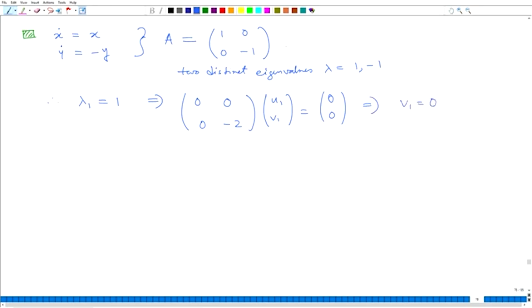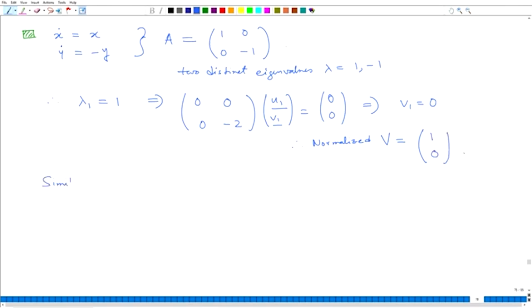So, I can have an eigenvector where u1 can have any arbitrary value, but v1 should be 0. I can just take the normalized one, so normalized v will be equal to (1, 0).